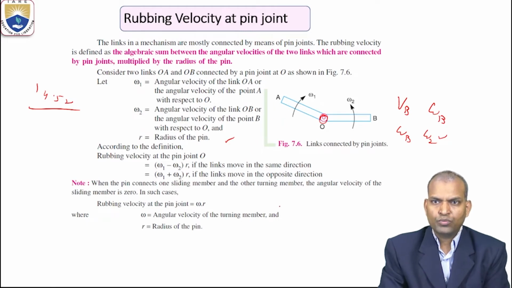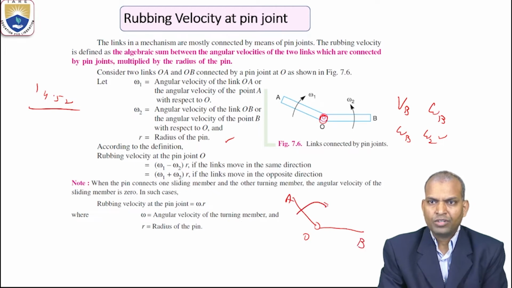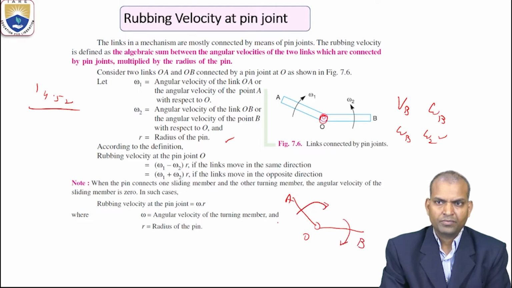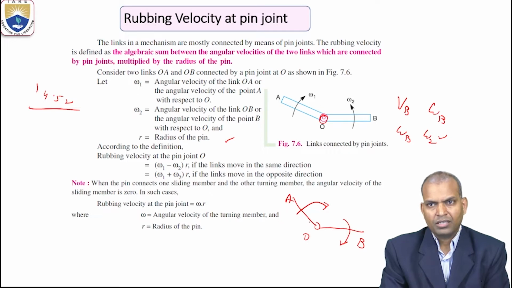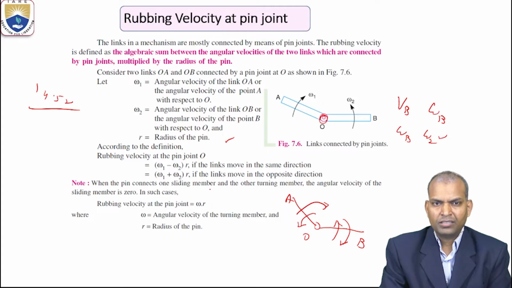That means OA and OB are both rotating in the same direction, either clockwise or counterclockwise. Then the rubbing velocity at pin joint O equals (omega 1 minus omega 2) multiplied by R, the radius of the pin.